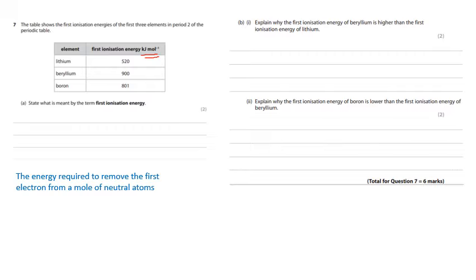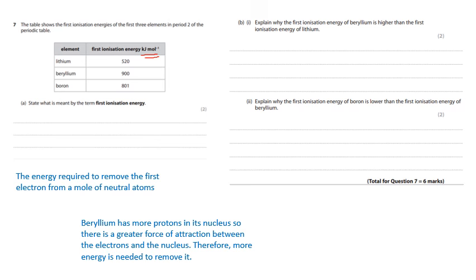Next, explain why the first ionization energy of beryllium is higher than the first ionization energy of lithium. Well, beryllium has got more protons, okay? So lithium has got 3 protons, beryllium has got 4, isn't it?